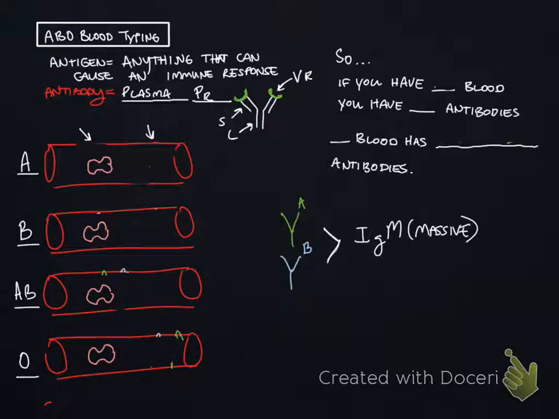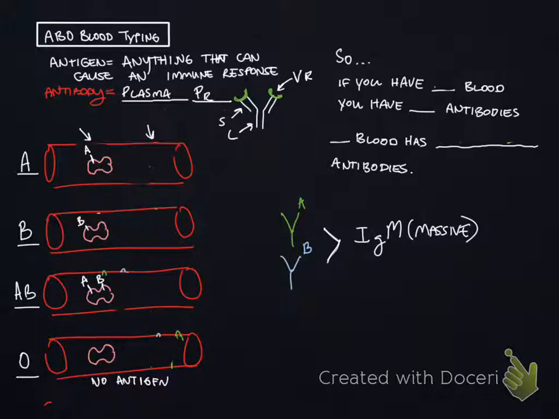Antigens are found on cells, and antibodies are found in the plasma. So type A blood would have type A antigen. What about type B? Type B antigen. And AB would have type A and type B antigens. Type O, well, no antigens. That doesn't mean it has no antigens whatsoever. It just means it has no AB antigens.